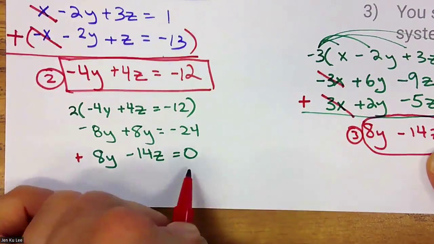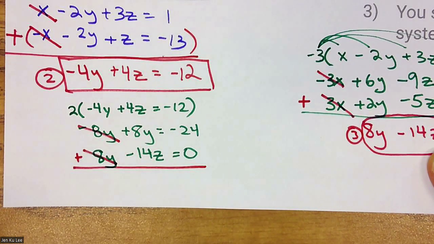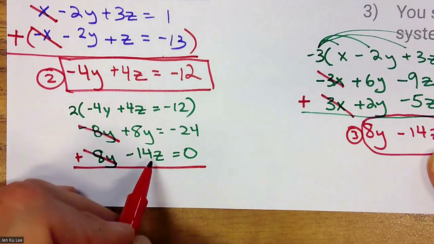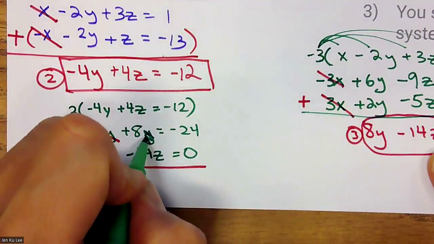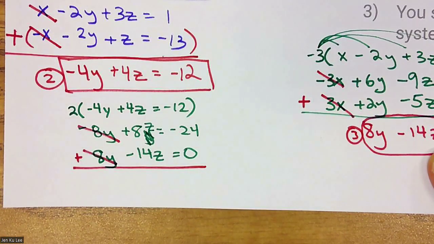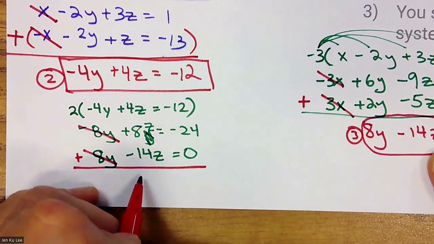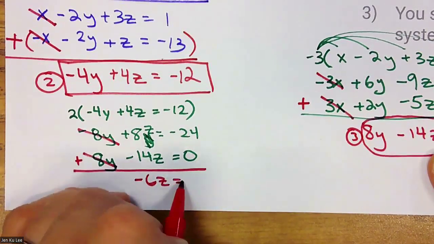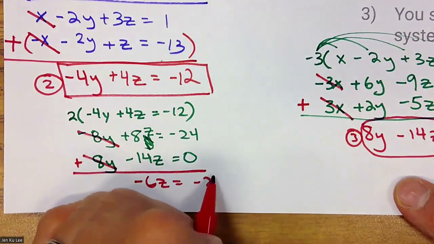And if I go ahead and add it together, these 8y's cancel out, right? Negative 8y plus 8y. And then positive 8z minus 14z, or no, that's not y, I'm sorry, that should be a z, right? 8z minus 14z, that's negative 6z, equals negative 24 plus 0, that's negative 24.